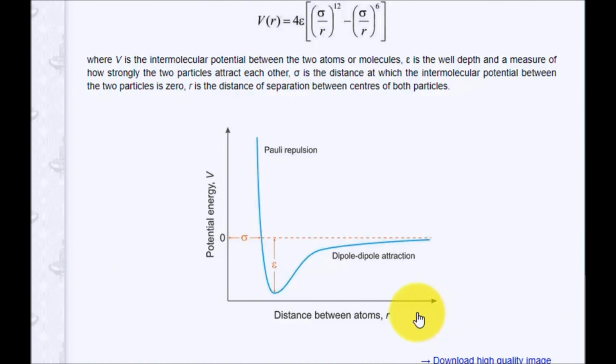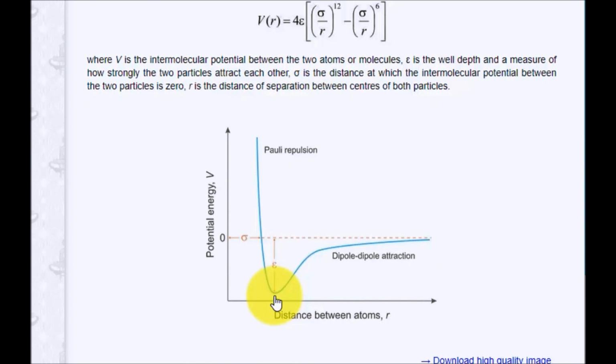And as you get closer and closer, this attractive interaction increases, up to a point where the energy is really low, and that is what is called stable, right? And so you might actually call that the bond length or the bond distance.